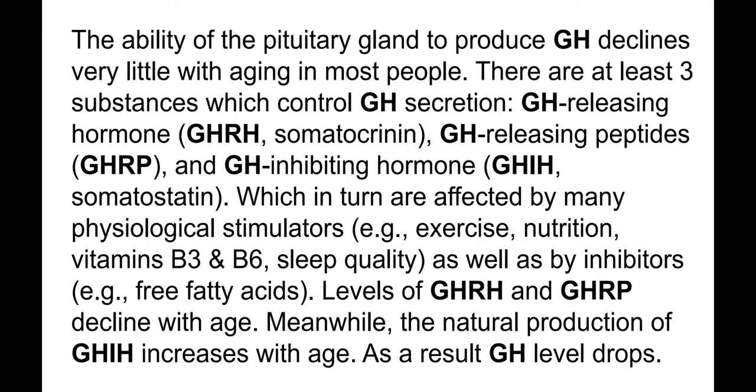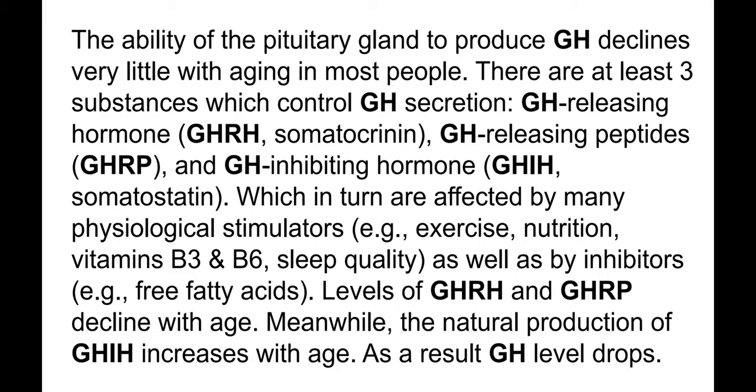The level of somatocrinin and growth hormone releasing peptides declines with age. So you see that the hormone which is responsible for releasing the growth hormone and the peptides which stimulate production or release of the growth hormone decline with age.